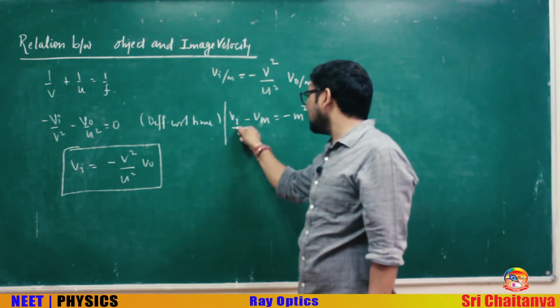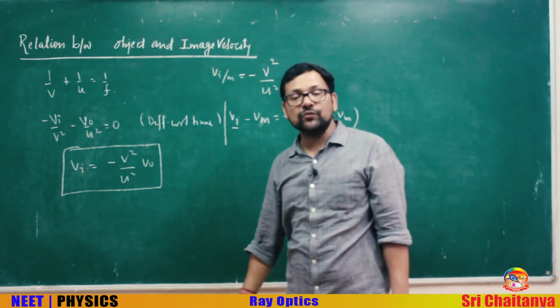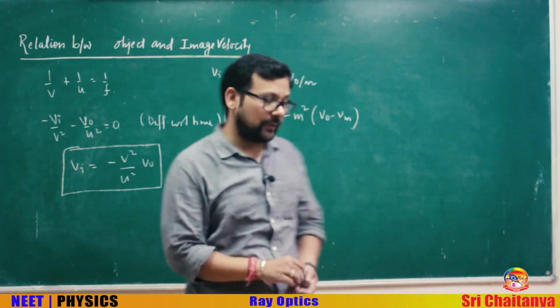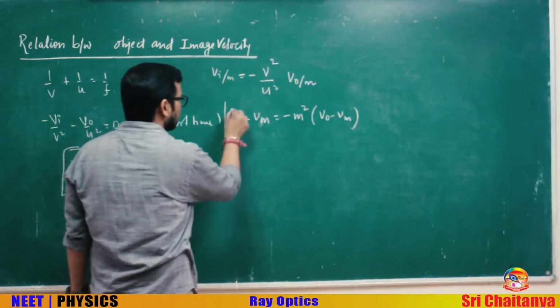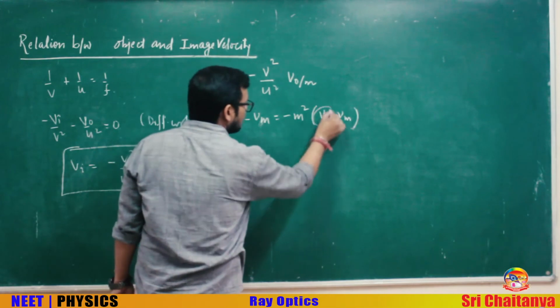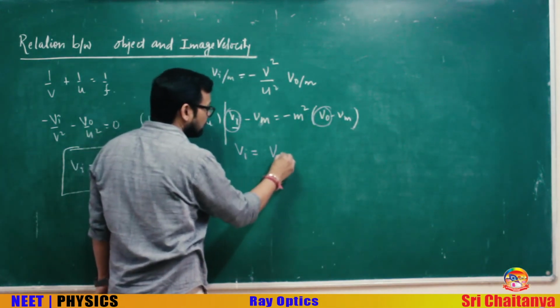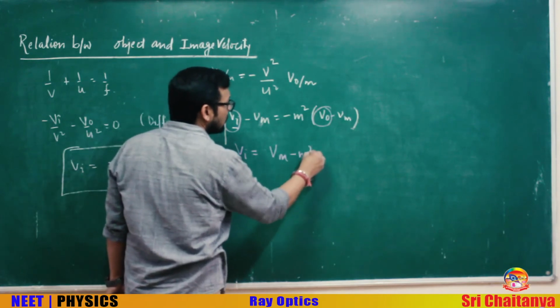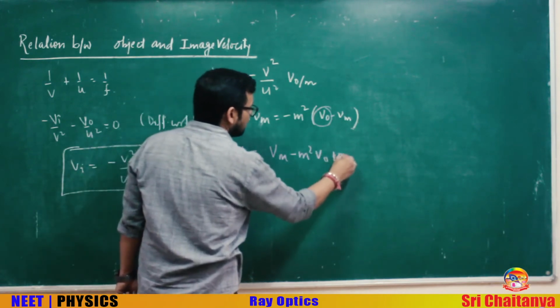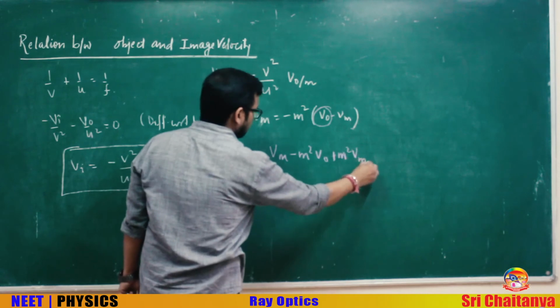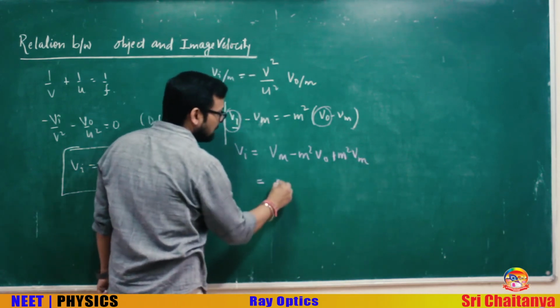Now here vi is velocity of image with respect to earth, and this is with respect to earth. So how to relate? vi is equal to vm minus m square vo plus m square vm.